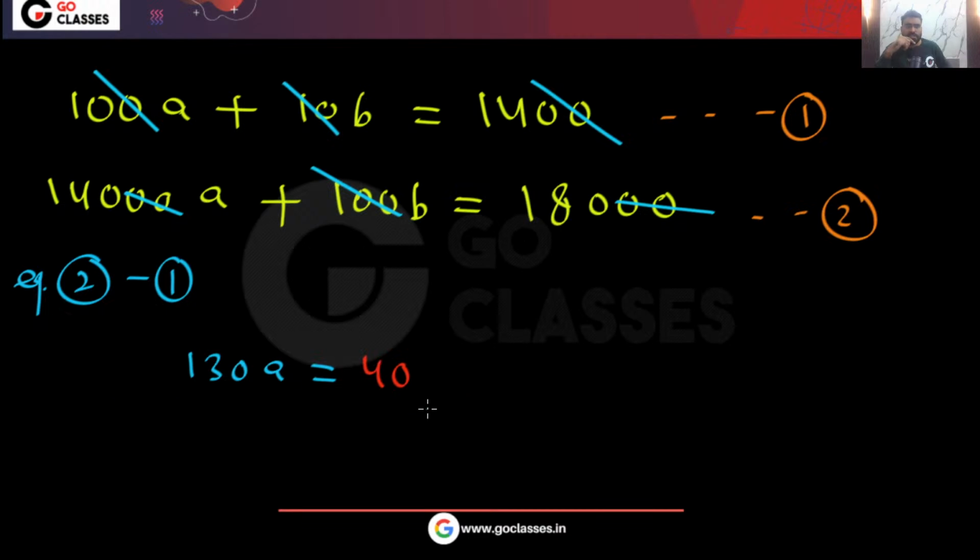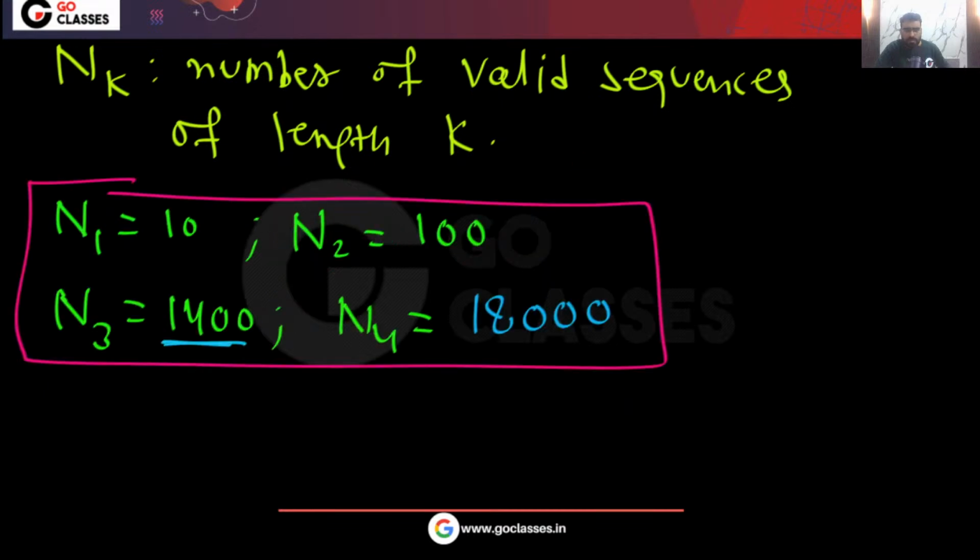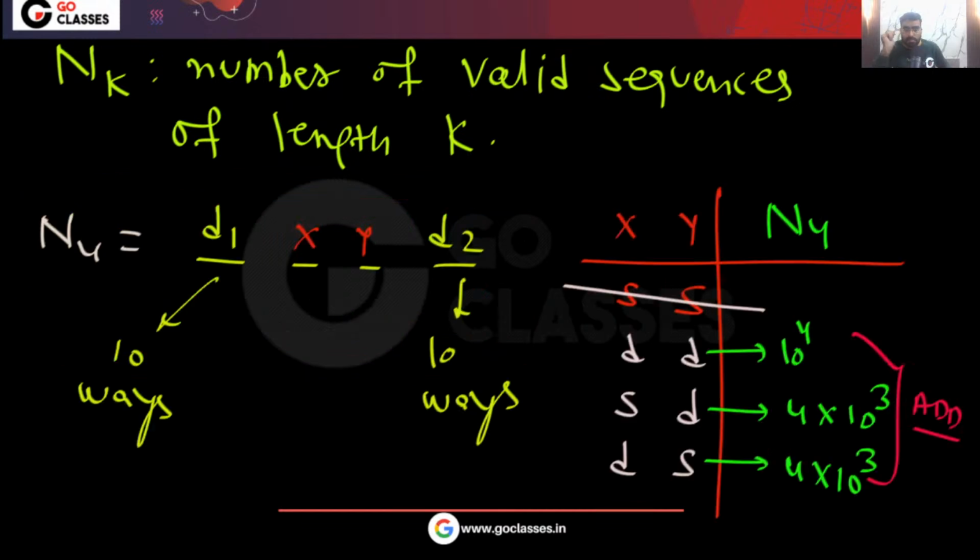I think we have done some mistake. What is the mistake? Anyone? Second equation. We have done some mistake in the second equation. See, it will be a n3 plus b n2. N3 is 1400. Right.